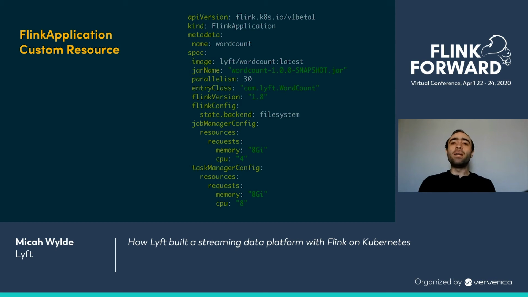You have some metadata like the name of the application. And then you have the spec field, which contains all the information that your controller needs to set up your infrastructure. So in this case, it's stuff like the image that you're going to use, the jar name that you'd like to submit to the cluster, parallelism, which determines how large the cluster is, and so on.